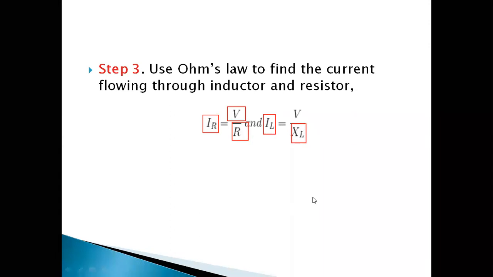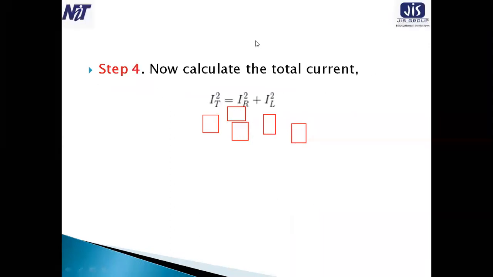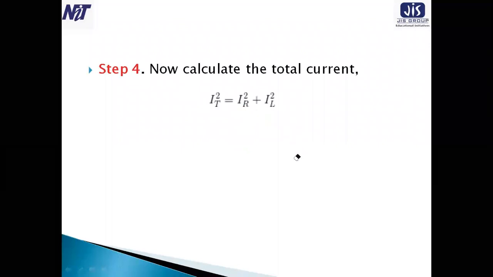Step 3 done. Now in step 4, calculate the total current. We already calculated the total current in the previous slide: the angle between the resistive current and the inductive current is 90 degrees. So using the vector triangle formula, we can easily find the total current.